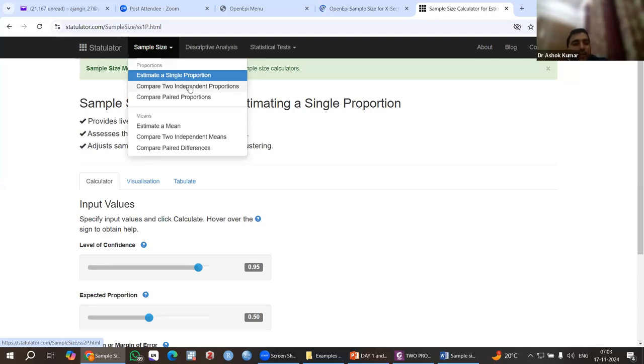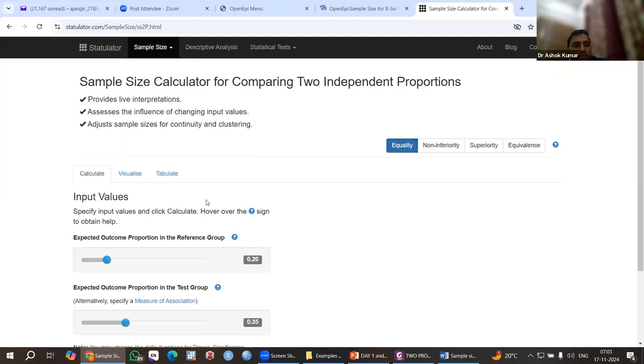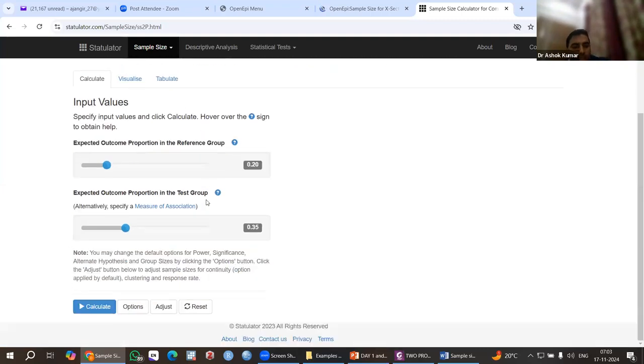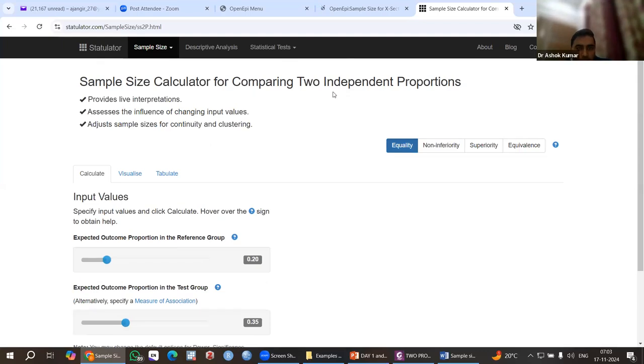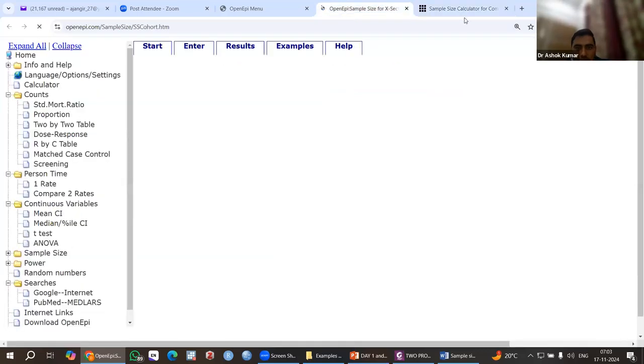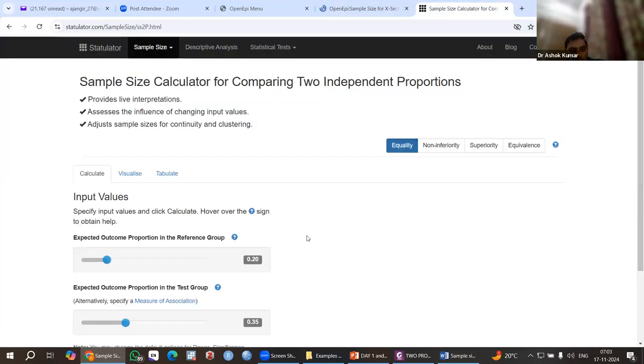So click here, compare two independent proportions. This will come. Okay, so in our reference group, in two independent proportions. Oh, it is going on, no issue.